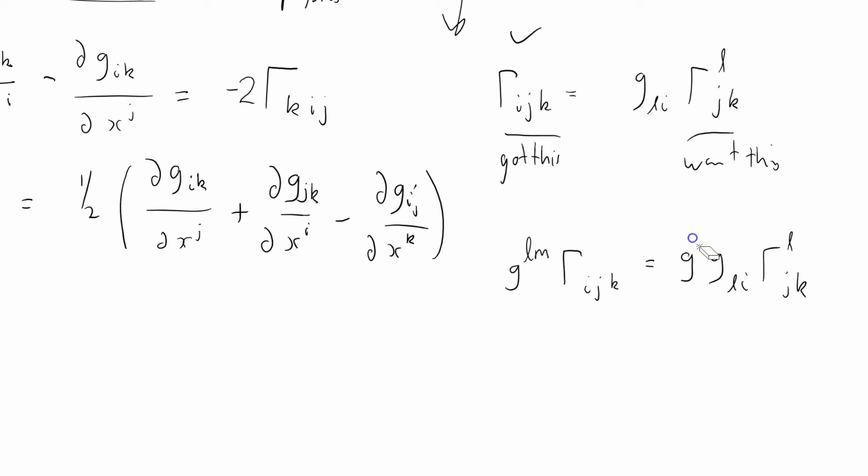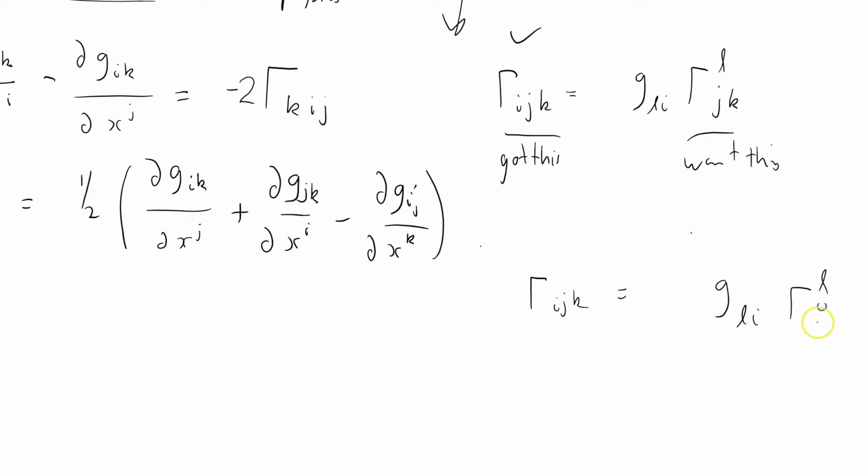Sorry, I'm getting myself tangled up. I can't kill the L because I've got two L's already. I want to kill the I. So I'm going to multiply it by g im and put a g im here as well. Sorry, I'll start that whole thing again. We've got gamma ijk equals g li gamma l jk.